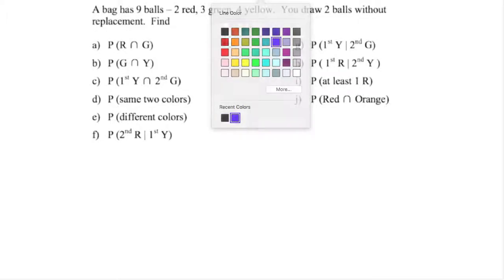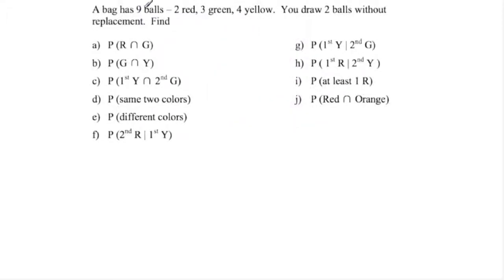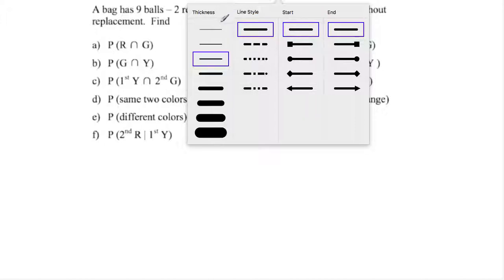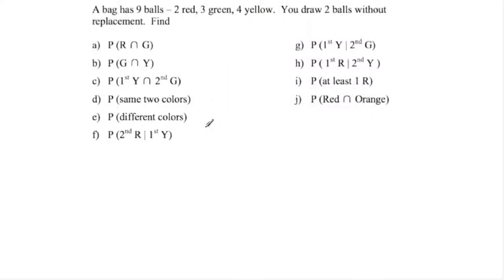That's one way to do it, but if you think about it, if there are 8 possibilities from each of the original 9, that's a grand total of 72 possibilities, which is a lot of writing to do. So instead, we can make what's called a probability tree, where if we know the first ball is going to be either red, green, or yellow, we can write the probability right next to it.